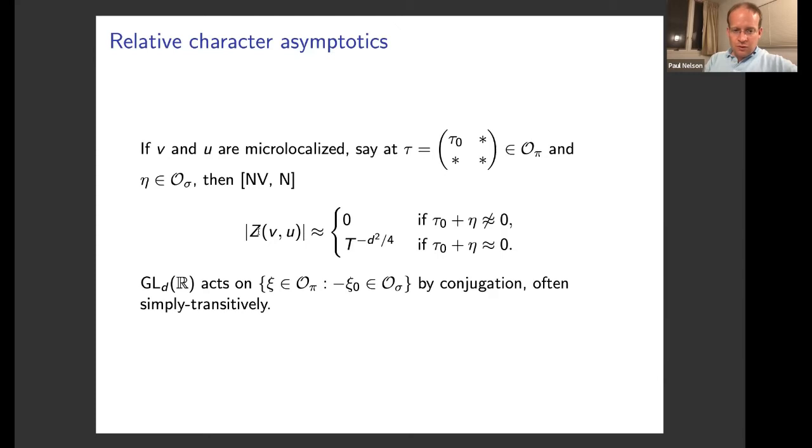So then it turns out that one can understand the sizes of these things, and it'll be roughly 0 if the sum of tau 0 and eta is not roughly 0, in some sense we make very precise, and it will be of size t to the negative d squared over 4 if that sum is close to 0. So this might look kind of small, but the key feature here is that this is not, for example, exponentially small in t, which is what you'd get naively from spherical vectors.